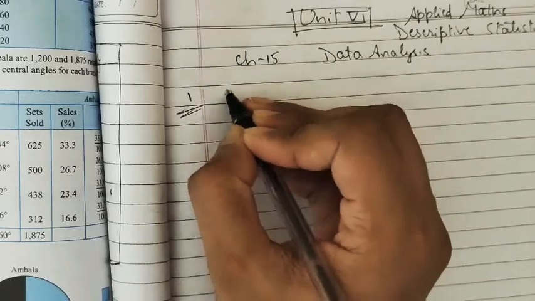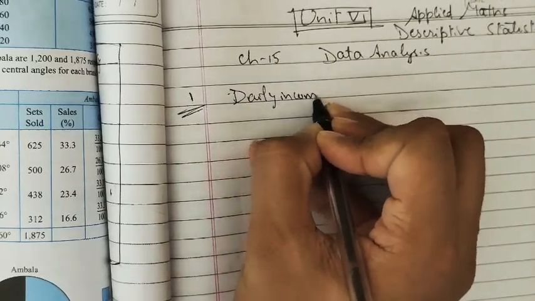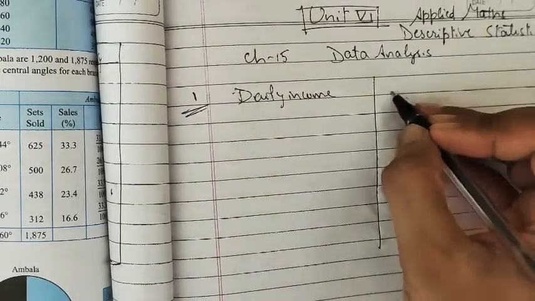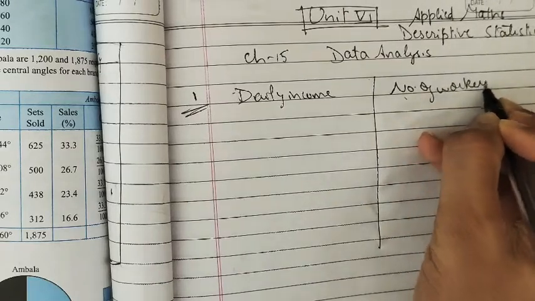So here we have daily income, first column, and here we have number of workers, right?